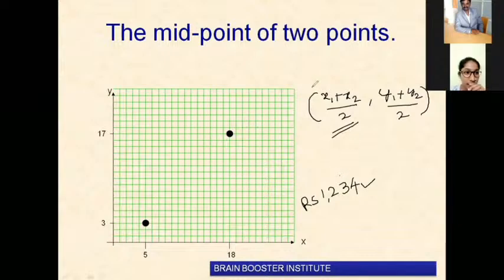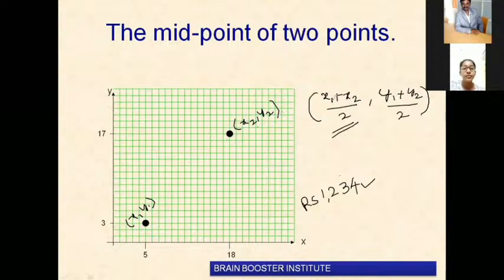Okay. What is x1? So (x1 plus x2) by 2, (y1 plus y2) by 2 is the formula to find the midpoint of the points A, B, whose coordinates are x1, y1 and x2, y2.